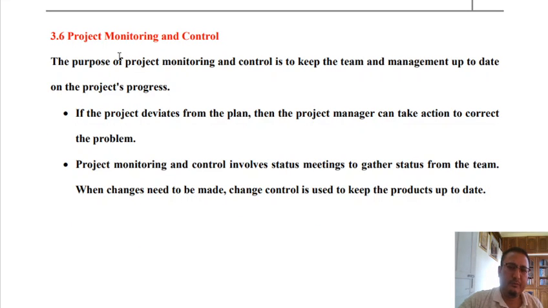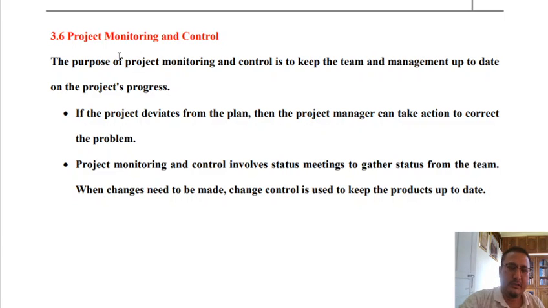Now, the very purpose of project monitoring and control is to keep the team and management up to date about the progress of the software project. This is very much important. This is the reason why we require a very able monitoring and controlling process. The only objective of the monitoring and controlling process is to keep track of the progress of the software development process, and to keep the team updated about to what extent the work has been done, right?